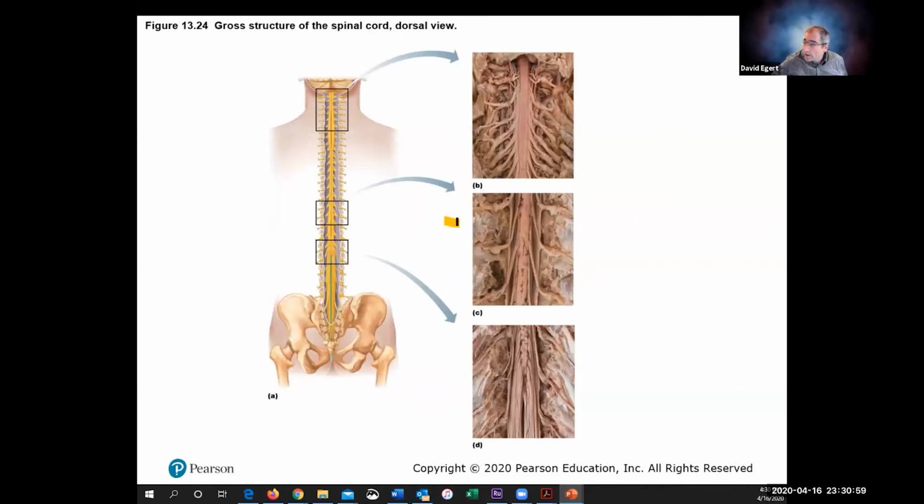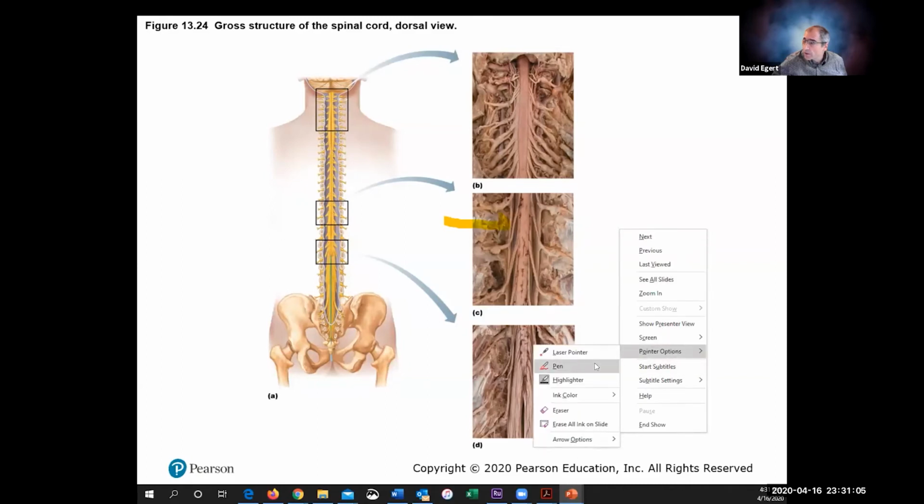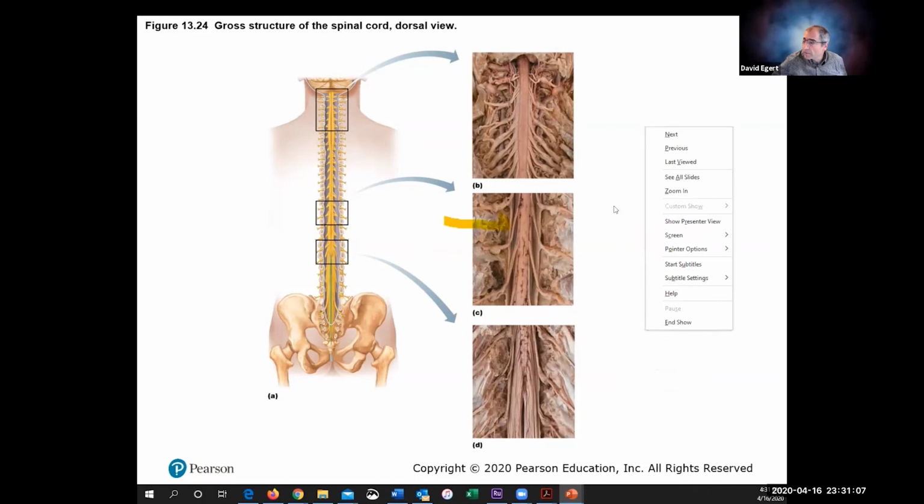What do we call these axons that are entering and leaving the spinal cord? What's the word for the axons leaving and entering the spinal cord?